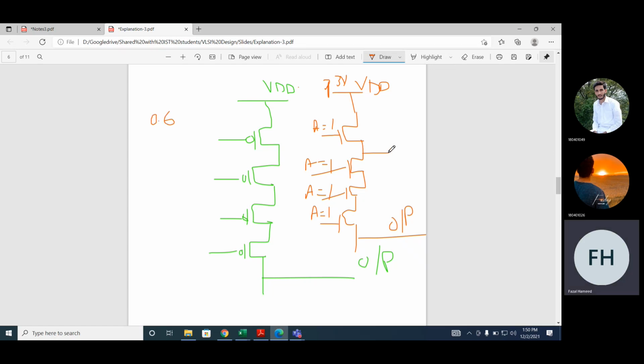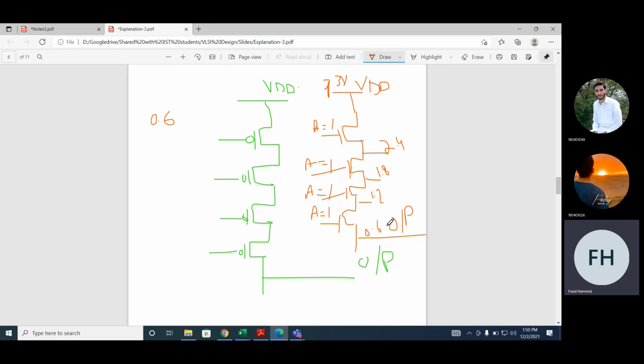So what will be the output here? Because it will provide a weak 1: 2.4, then 1.8, then 1.2, then 0.6. Is it close to ground or close to VDD? Close to ground. That's the reason we use PMOS in the pull-up network.